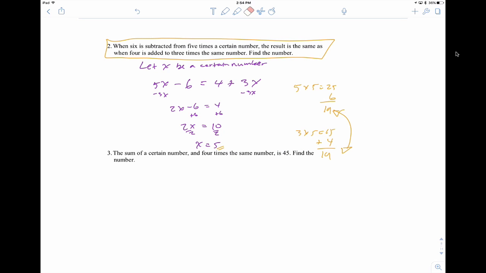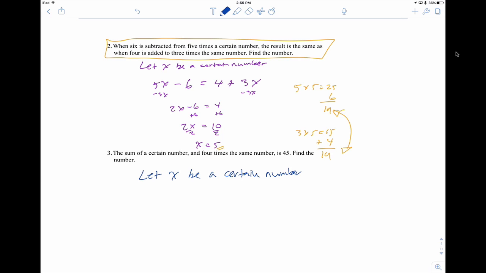So here's number 2. We did it in class. There's the answer if you want to take a look through it. Number 3 is, as you would expect, easier than what we've just done, and actually easier than number 2. So the sum of a certain number. Let x be a certain number.